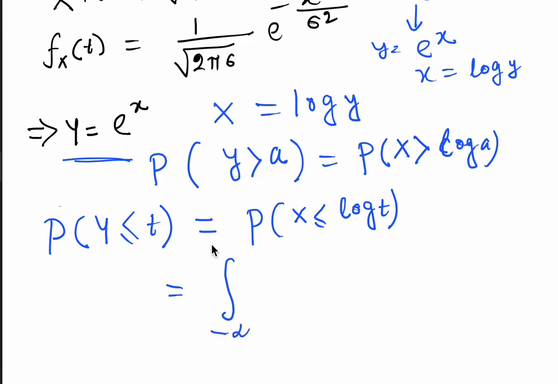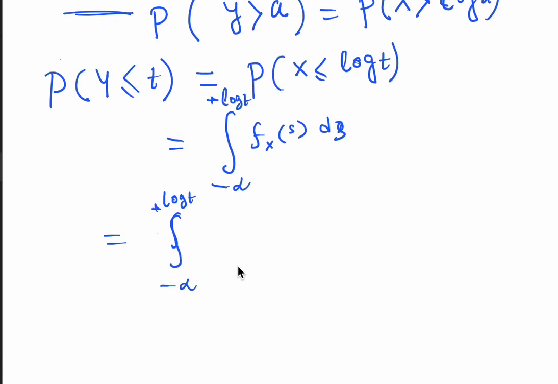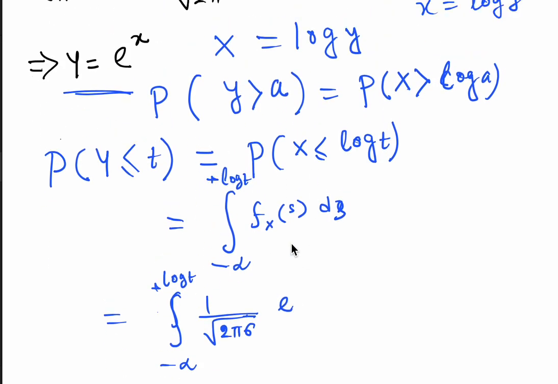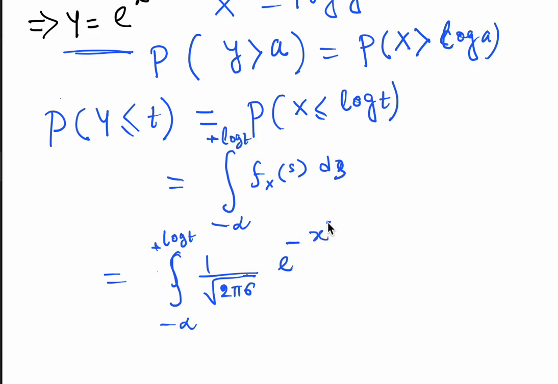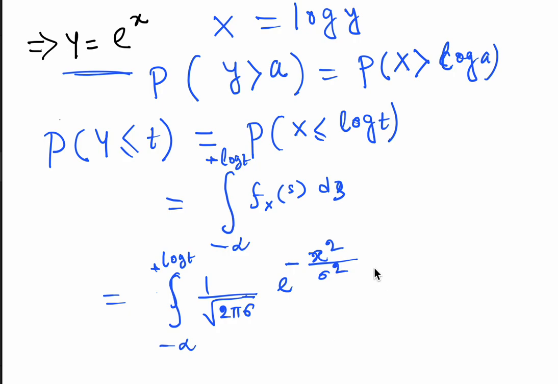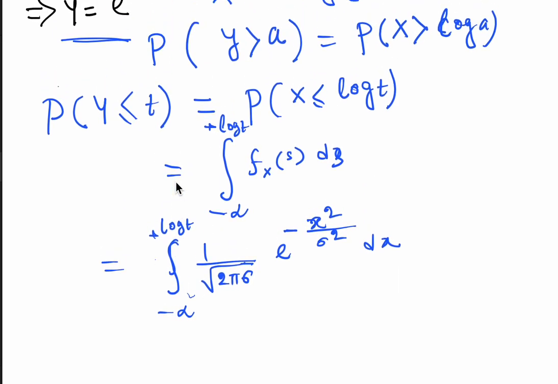But I have to calculate from minus infinity to log t, of f of x, which is 1 by root 2 pi sigma, e to the power minus x square by sigma square, dx.